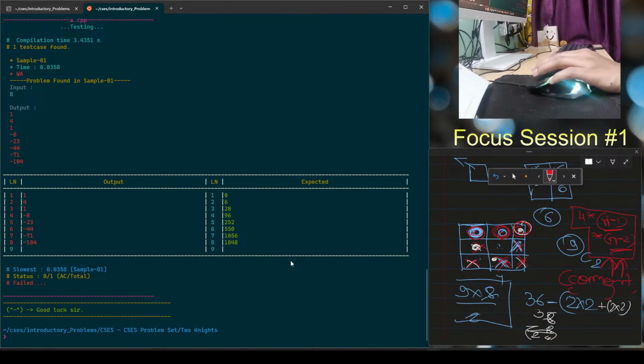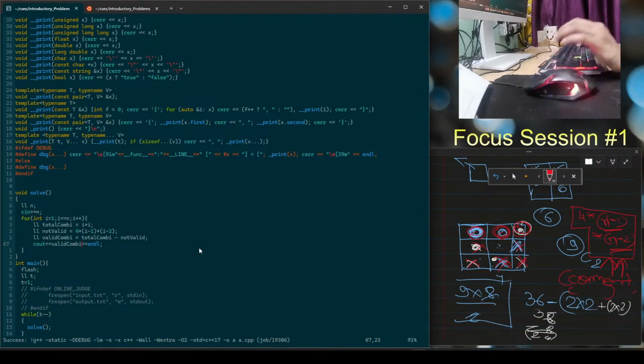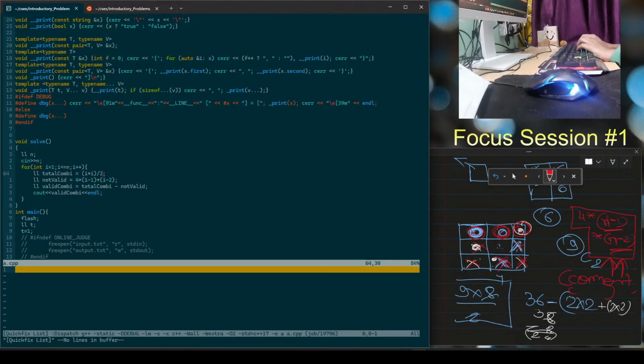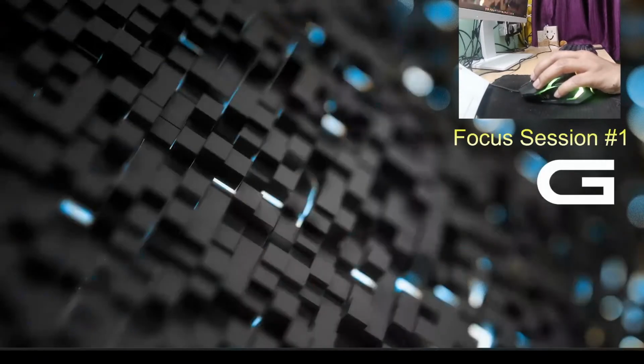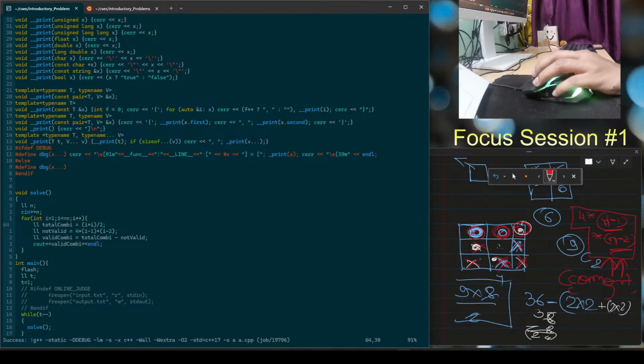Okay, so I just... oh, wait. I'm getting wrong answer. Let's just check again. It should be this divided by 2.